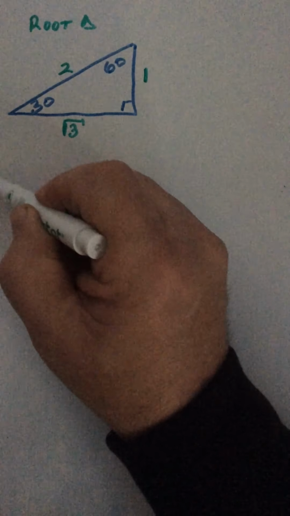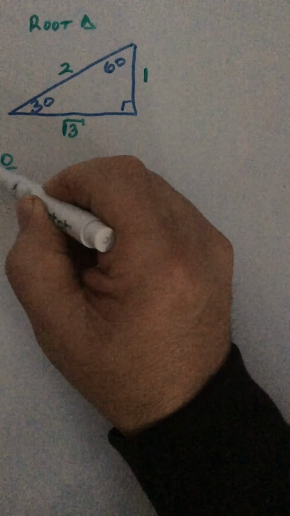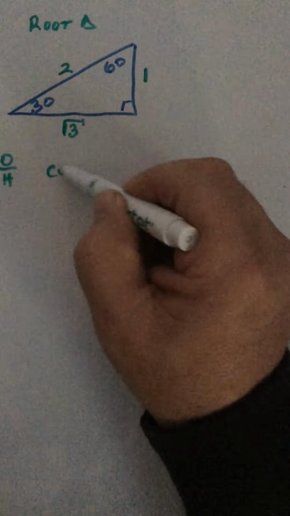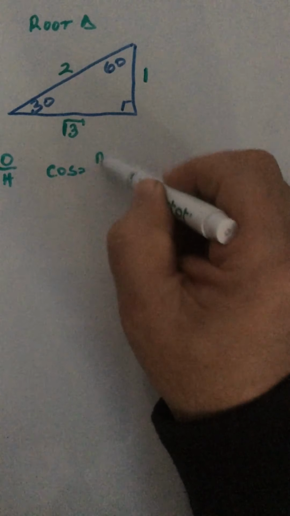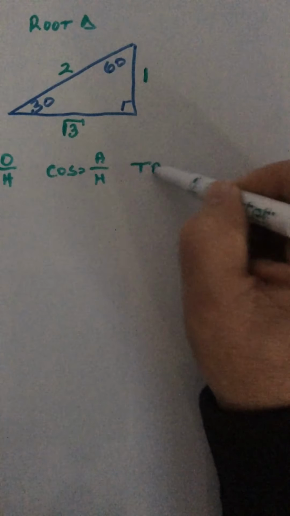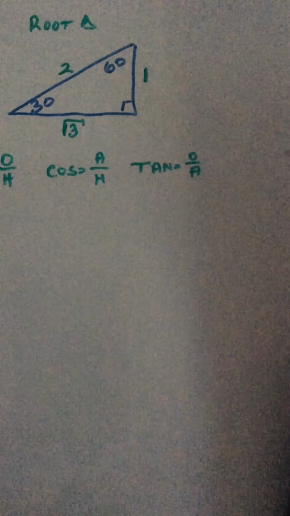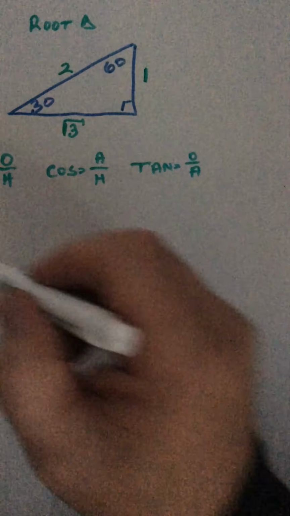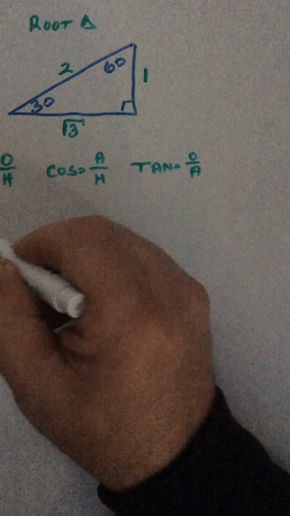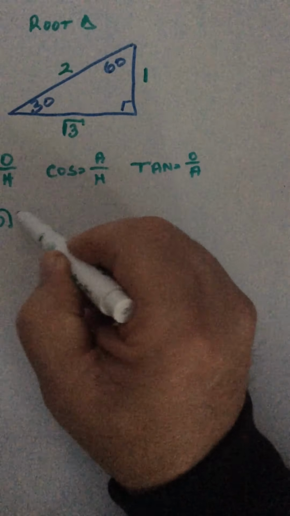So, remembering that sine is the opposite over the hypotenuse, cosine is the adjacent over the hypotenuse, and tangent is opposite over adjacent, I can find, what is the sine of 30 degrees?